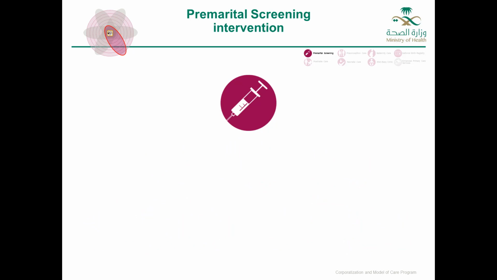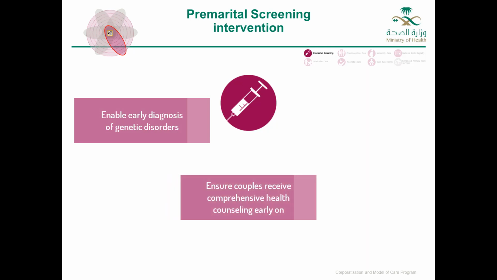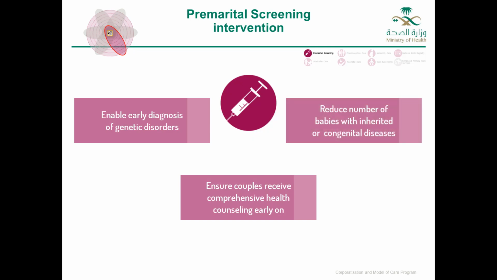Premarital screening intervention will fulfill its objectives by enabling early diagnosis of genetic disorders, ensuring that couples receive comprehensive health counseling early on, and by reducing the number of babies born with inherited and congenital diseases.